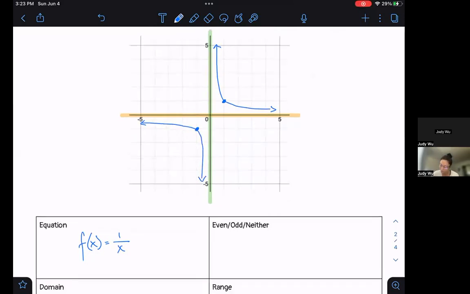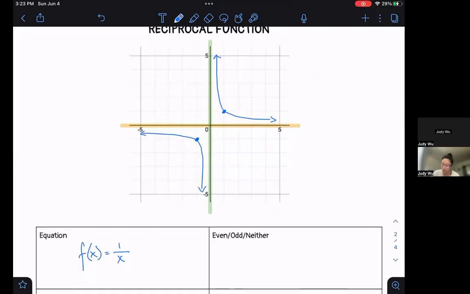Okay. Now, looking at this picture, do we want to say this is even, odd, or neither? All right, now let's remember our definitions of even, odd, or neither. Even would mean that this could fold over and match something over here. And I don't see that. It doesn't look like a volcano to me.